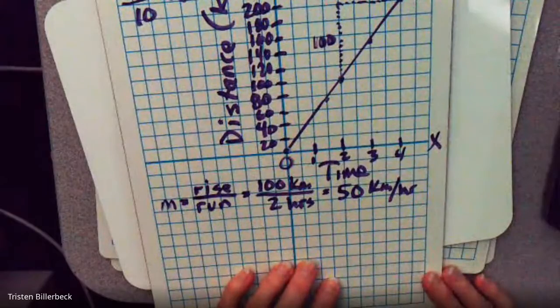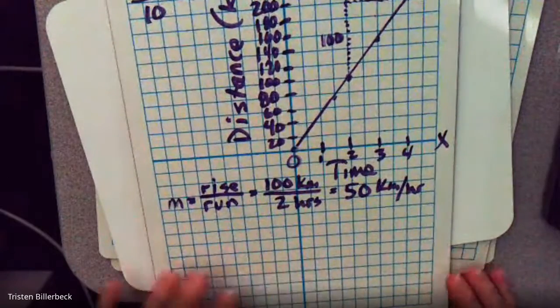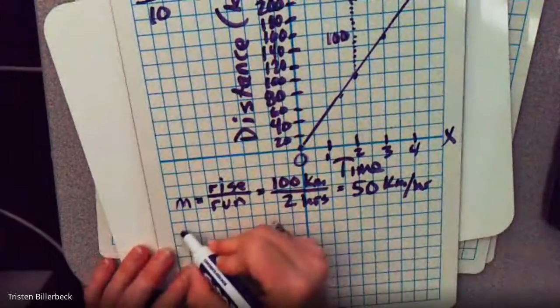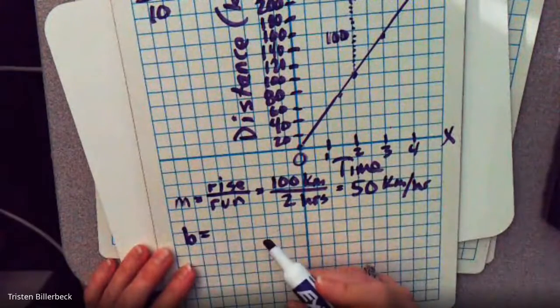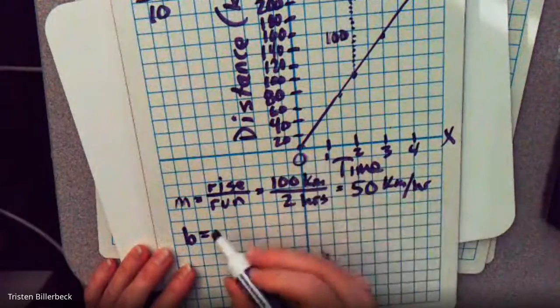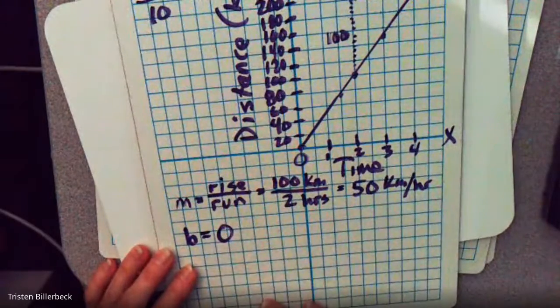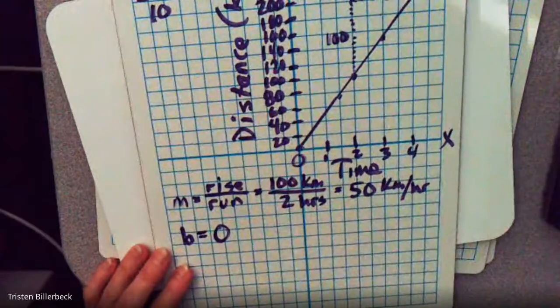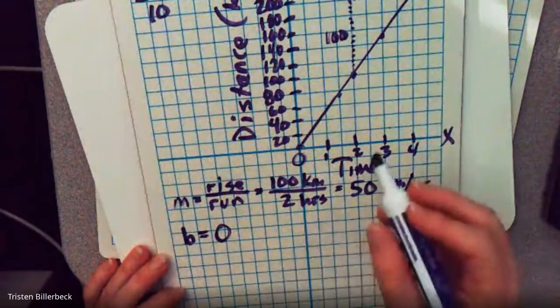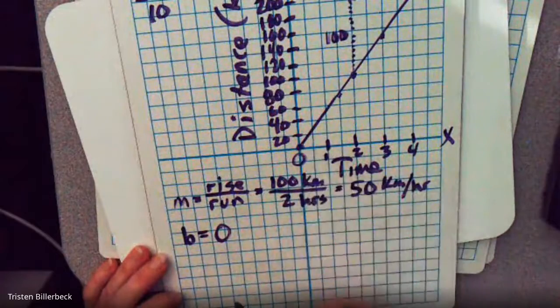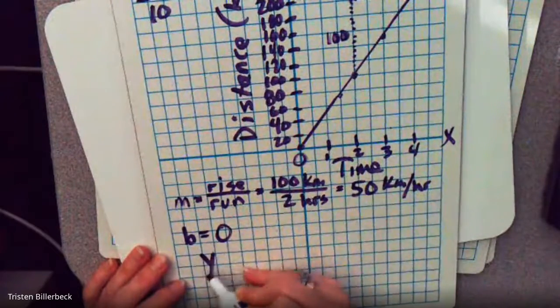And then my next question is find the initial value of y. So that would be b, which is the initial value, the y-intercept. Well, look at that. It's actually 0. Okay, and then it says express y as a function. So, well, if we don't have a y-intercept, that's strange.